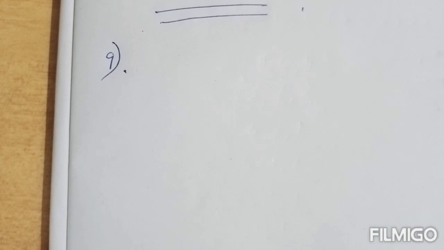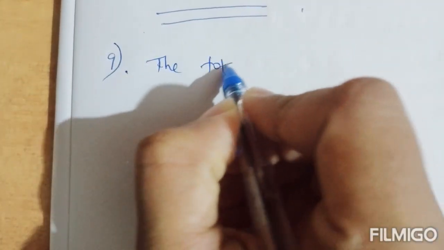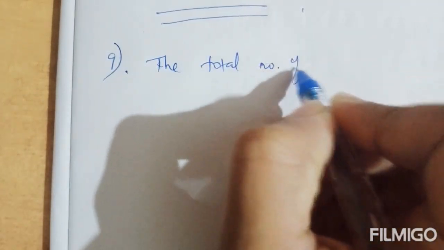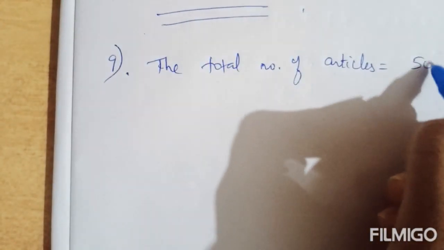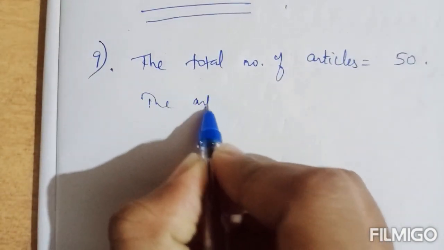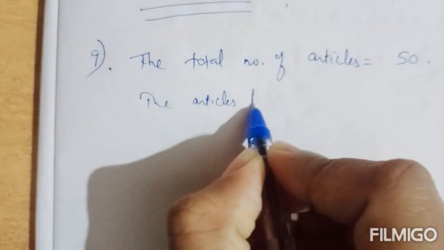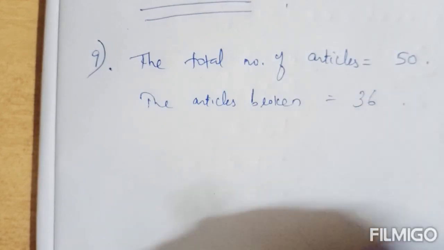First question, find the fraction of the total number of articles and the articles broken. So, the total number of articles, it is given 50, and the articles broken, it is 36.